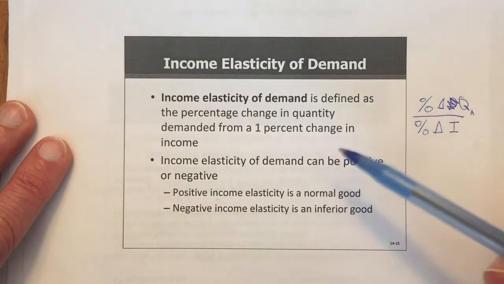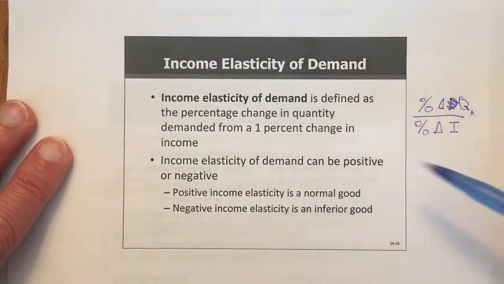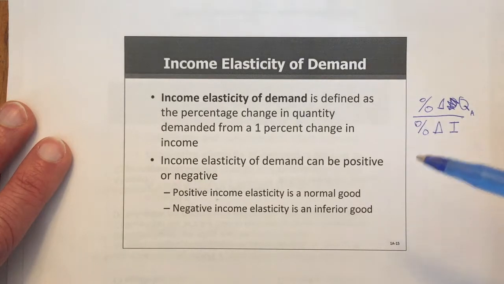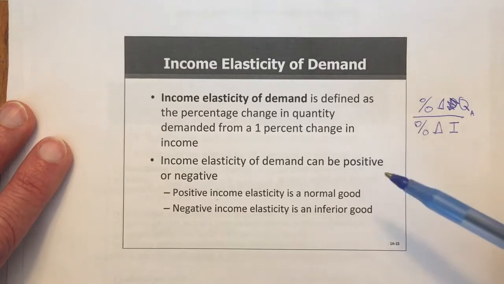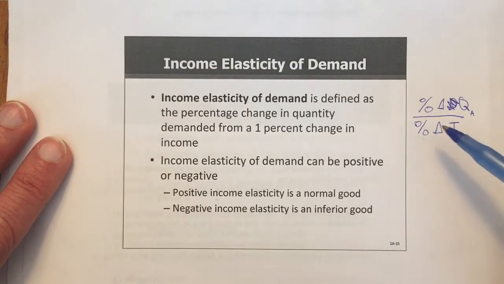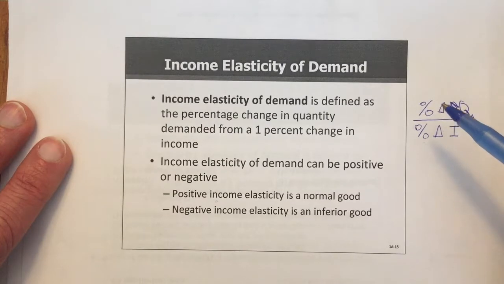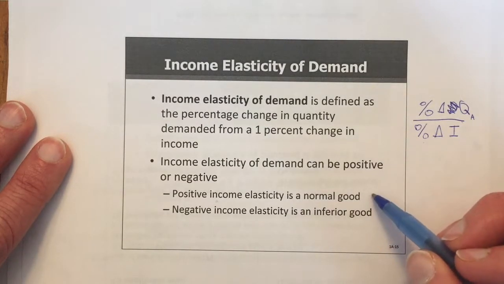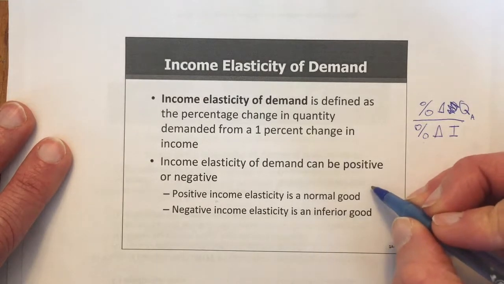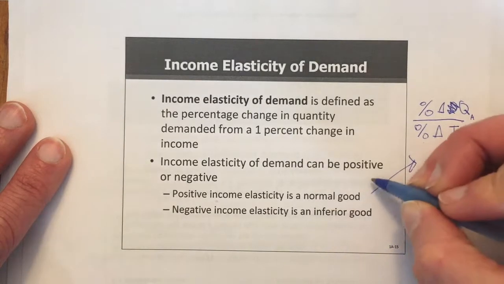And this is the income elasticity of demand, which again, remember, elasticity is always dealing with responsiveness. When there's some kind of price change, how is quantity demanded affected by that price change? Now, in this case, it's really a change in income that's affecting quantity demanded. We can also talk about some particular goods. A normal good, which apples would be a good example.